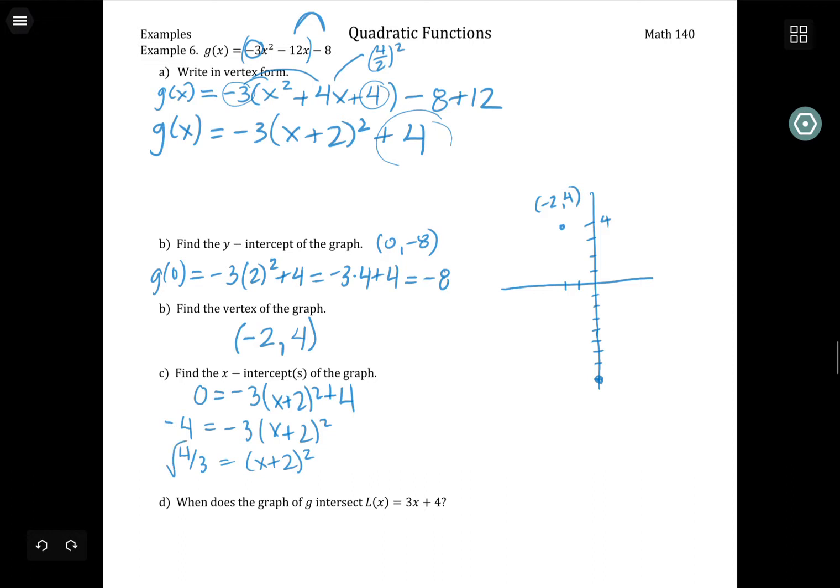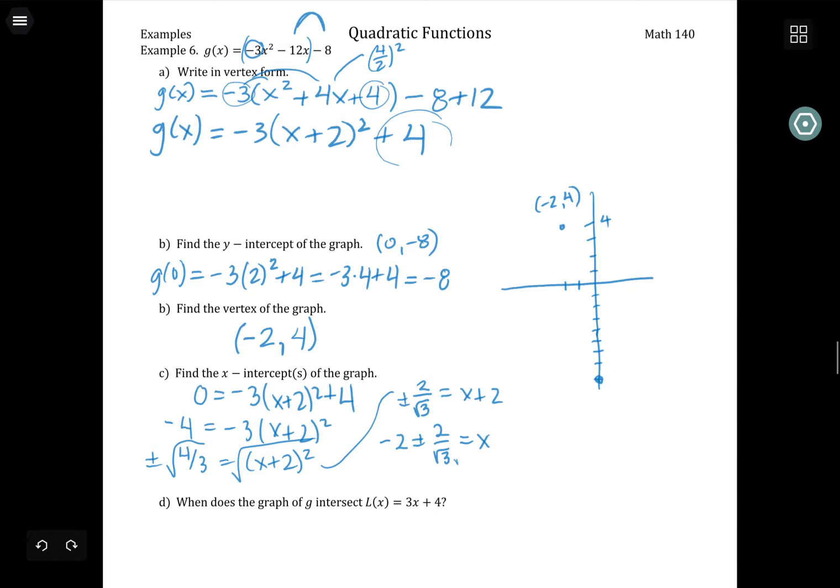Then I can take the square root of both sides. Don't forget your plus or minus. So I get plus or minus the square root of 4, which is 2, over the square root of 3, and that's equal to x plus 2. And then I can subtract 2. So negative 2 plus or minus 2 over the square root of 3 equals x.